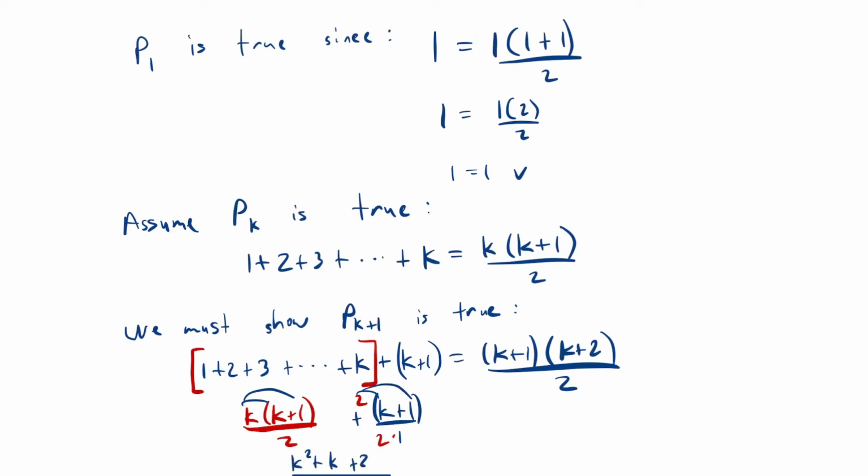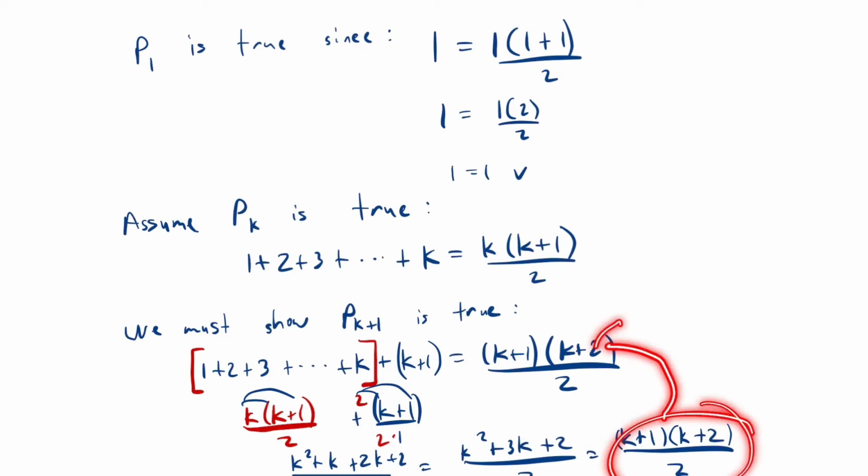If you simplify that, that's k squared plus 3k plus 2 all over 2. Then if you factor, you're going to get k plus 1 times k plus 2 over 2. And what do you know? We got that to equal the right side. That's what we're trying to show. That's pretty much the end of the proof.